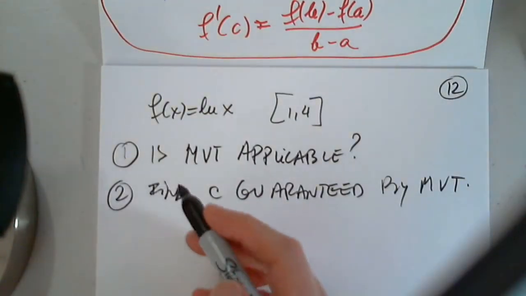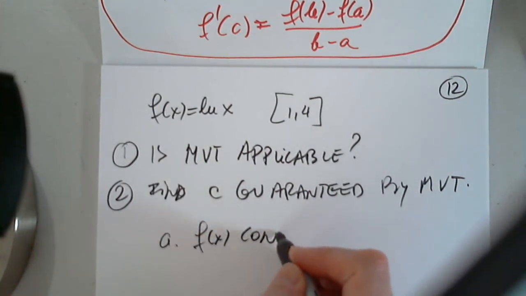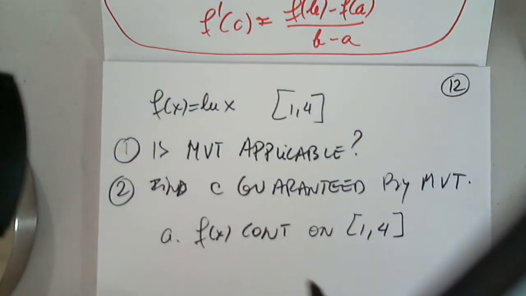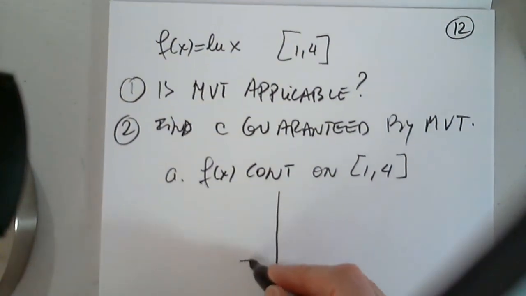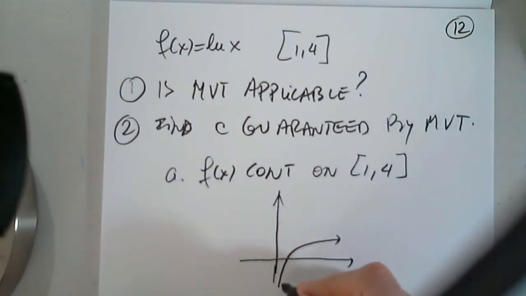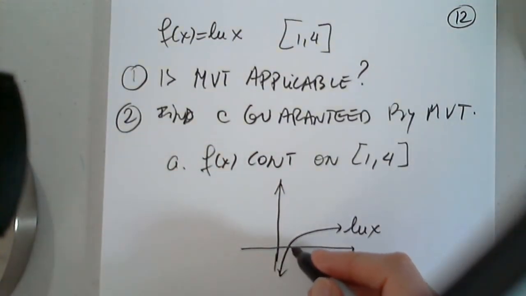So there are two hypotheses. Number one, f of x continuous on [1, 4]. Would you agree? So remember the graph of natural log. That's why we need to remember these graphs, so we don't have to graph them all the time. And 1 is here, and 4 is somewhere here.